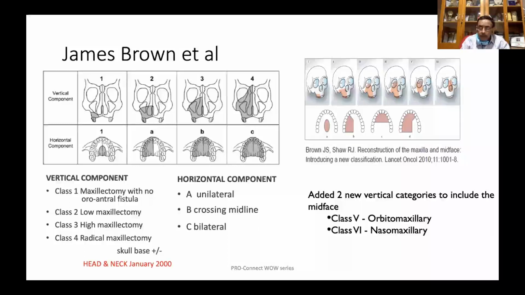But I'm sure whatever implants we are using now will become personalized implants in future. Wherever you use a simple mandibular plate, simple maxillary plate, in another 5 years it will be personalized, because it's so easy and cheap to personalize now.